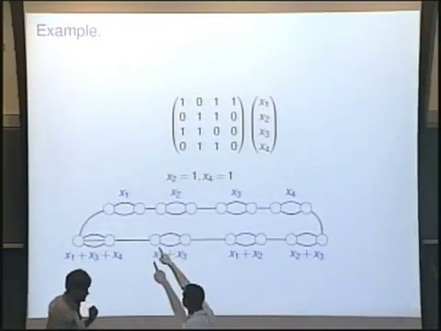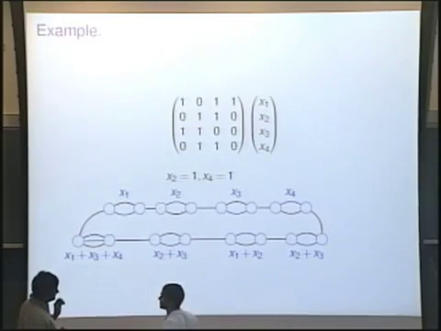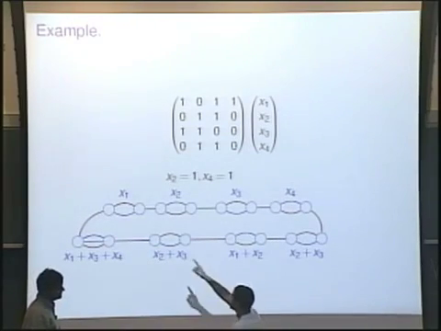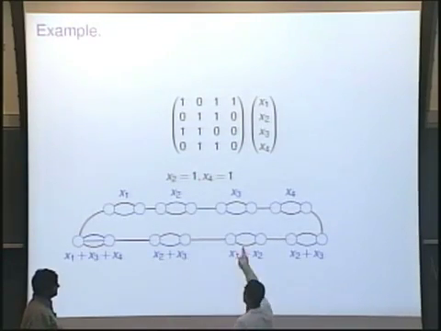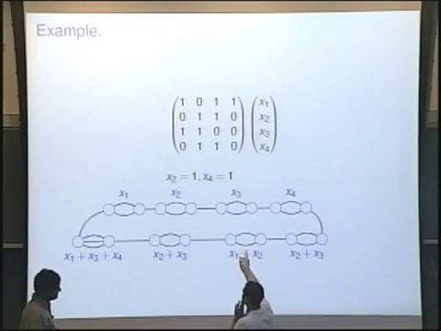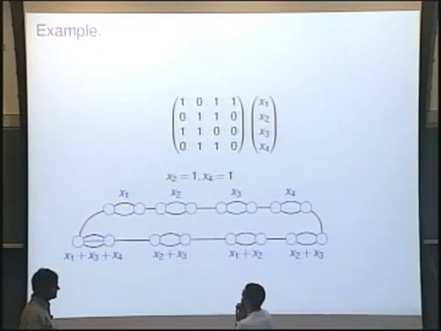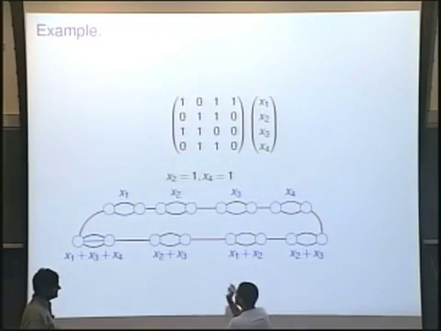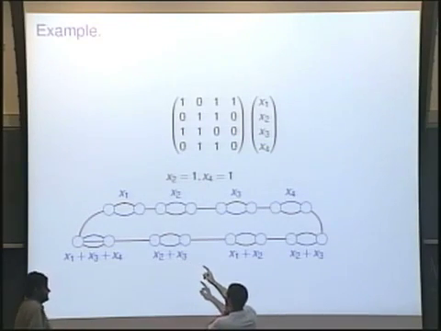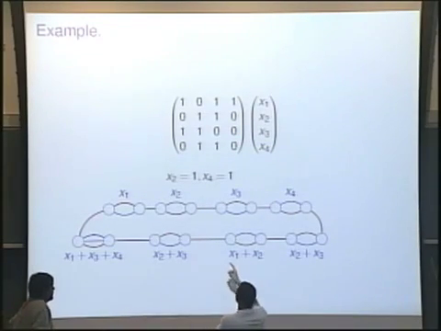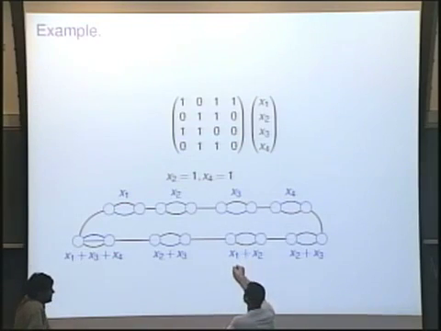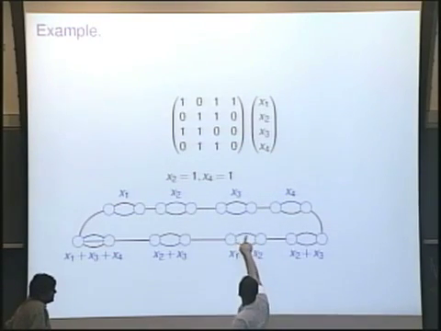So if it's 0 here, that means it's not going to be used there. Exactly. 0 here means you're not going to use x1 there. X1 is in a lot of pairs. X1 corresponds to this one.